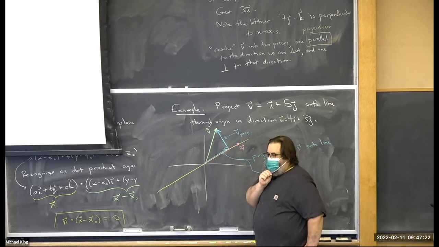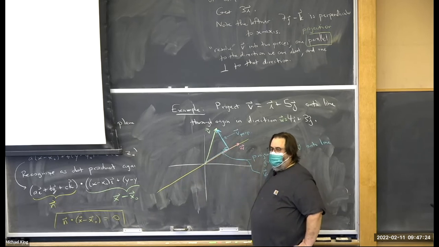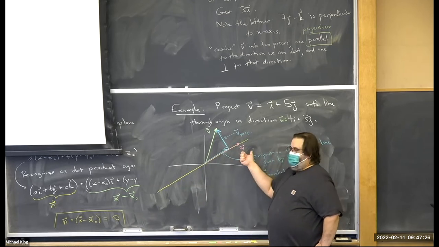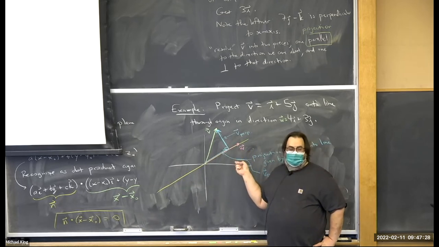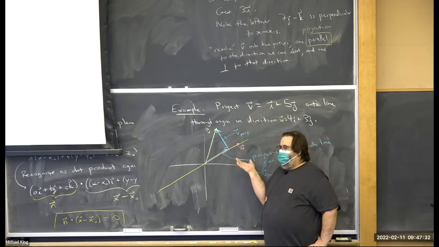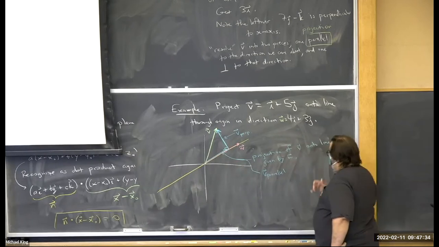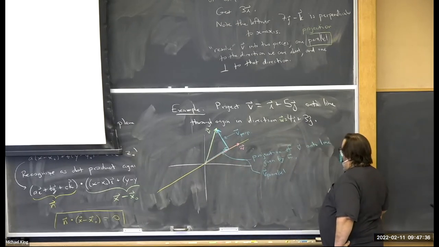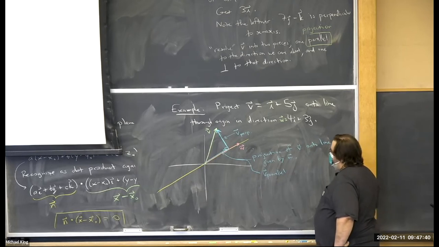Do we know its direction? Yeah, it's the same direction as w, so it should be parallel to w, some scalar multiple of w. So that's the first thing. But then the real question is, how long is it?